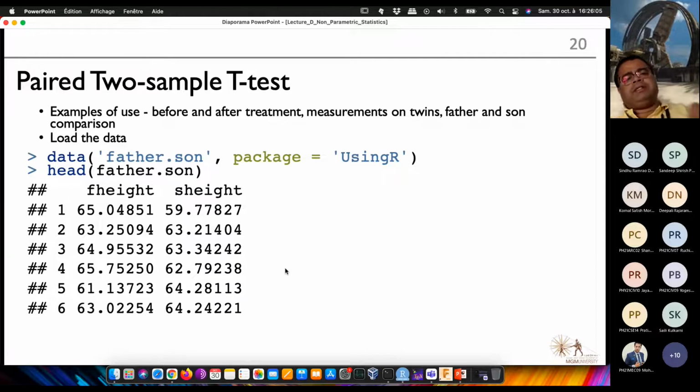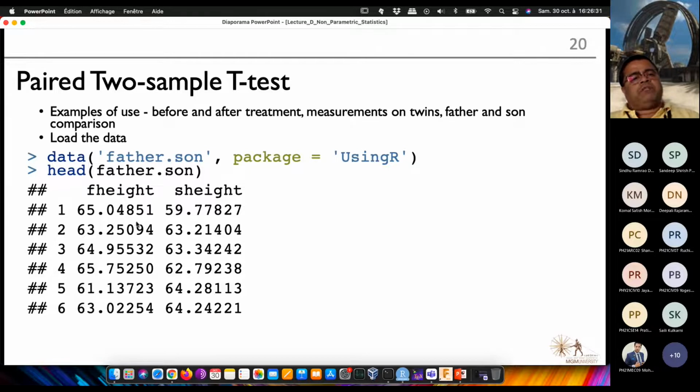So this is a test which is going to examine whether father's height and son's height are the same or not. Me and my father, for example, so there is a pair. Father's height and son's height are going to be compared.